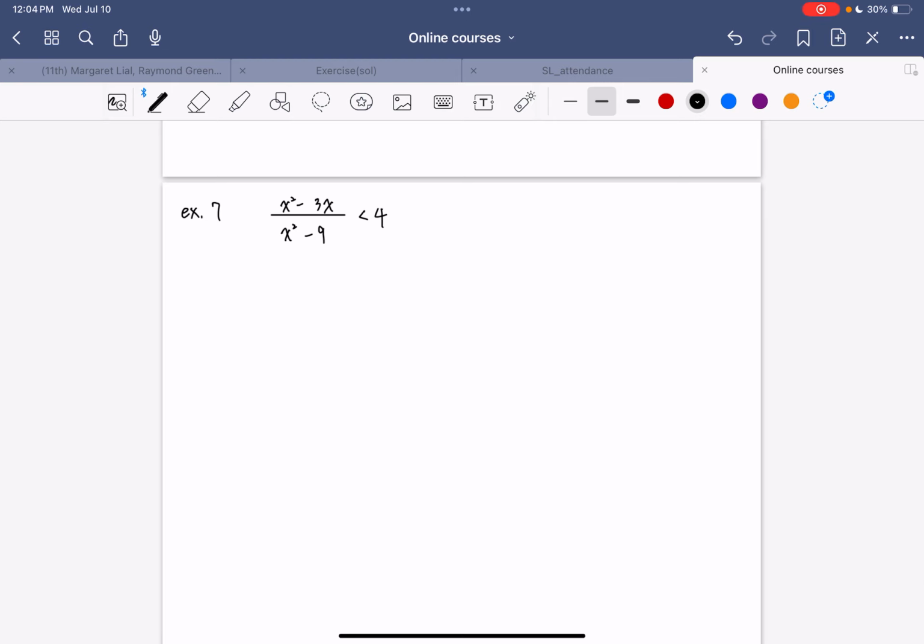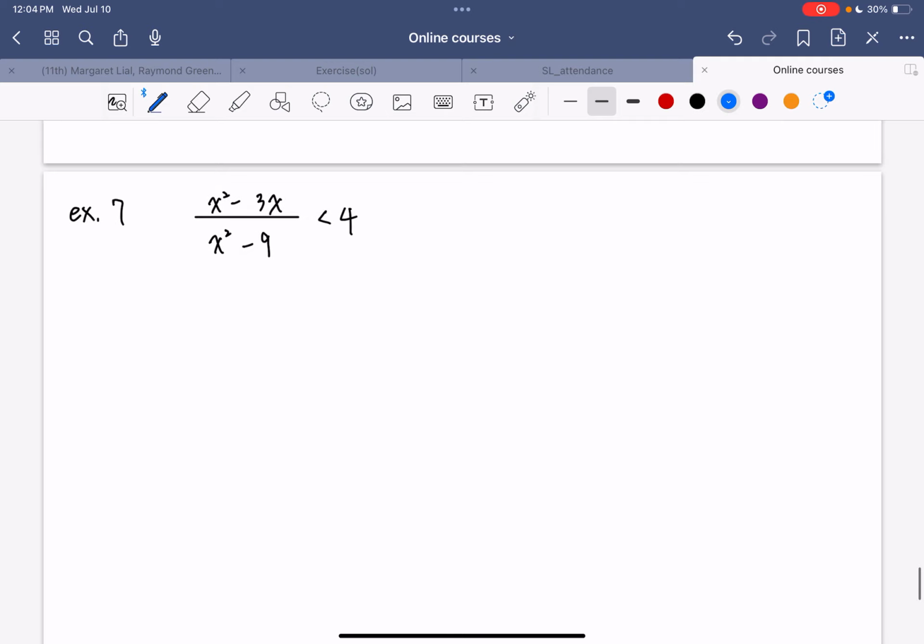Okay, don't freak out, it's not that hard. So remember that our denominator could not be 0, x squared minus 9 could not be 0. We can know that x squared would not be 9.